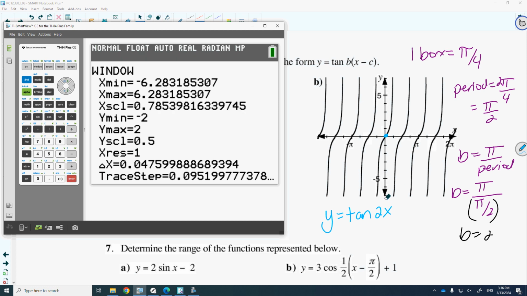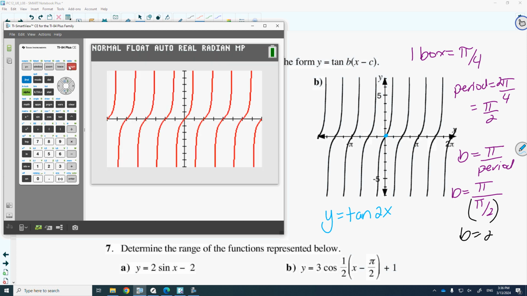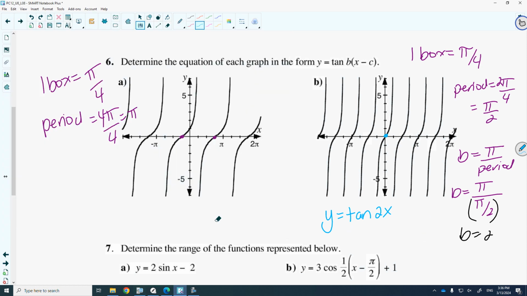And I'm going to go from negative 7 to 7, and a scale of 1. Right? So it's going through 0, 0, and it showed me 4 tan waves. Okay?